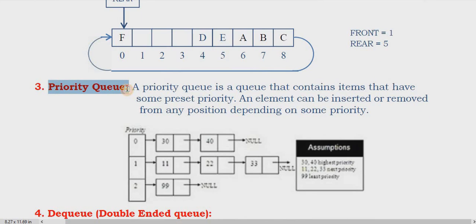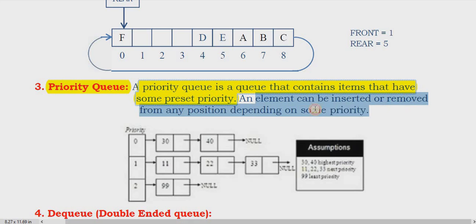Next, the third type, priority queue. A priority queue is a type of queue that contains items that have some preset priority, meaning items can be inserted or removed from any position. In a normal queue, what is the rule? Data is added from the back end and removed from the front end.